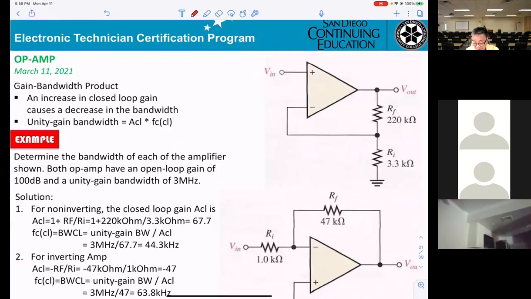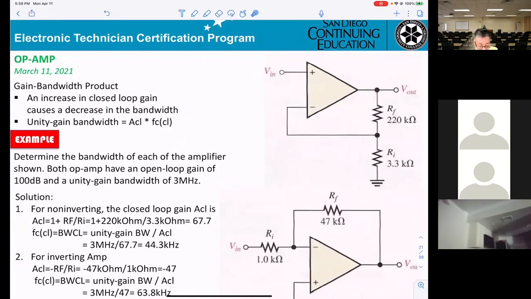Gain bandwidth product. Let's see what they said in here. An increase in closed loop gain causes a decrease in the bandwidth. That's what we already talked about at the beginning. If you increase the closed loop gain, there will be a decrease in the bandwidth.